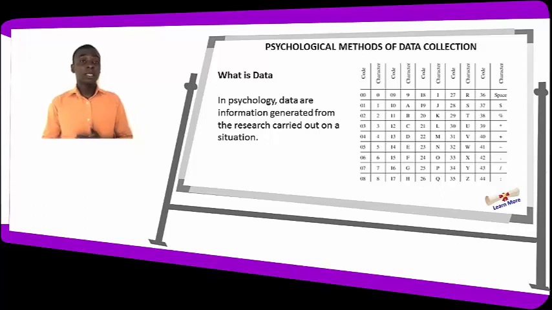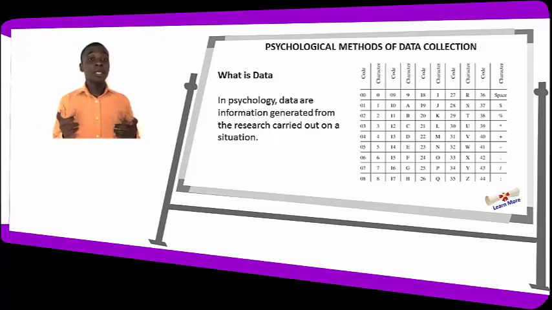So if we carry out that research on the effect of COVID-19 on tertiary institution students, using the University of Lagos as a case study, maybe we pick 100 students at random from different faculties and administer a test to them, to understand how they feel, how they cope, and what the effects of COVID-19 are on them.